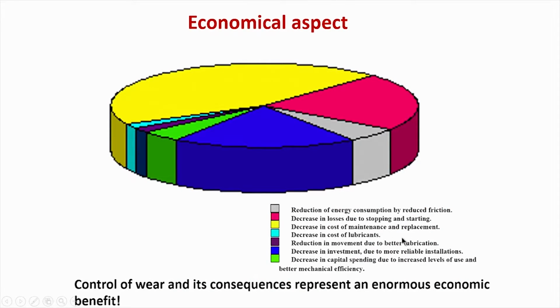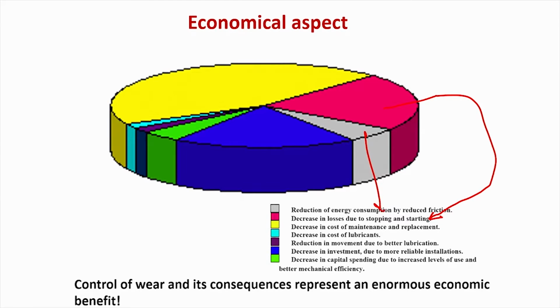Now, if you look at the economic aspect, if it has an impact on the industry, definitely it will have an impact on the national economy. This is a qualitative chart, not a pie chart, where different colors represent different aspects. For example, this red one represents the decrease in losses due to stopping and starting of the machine.